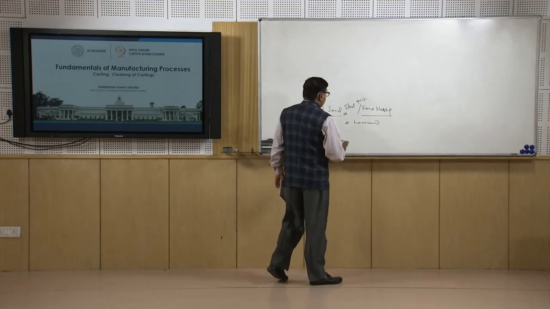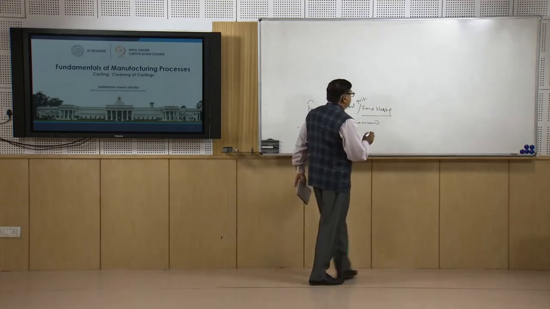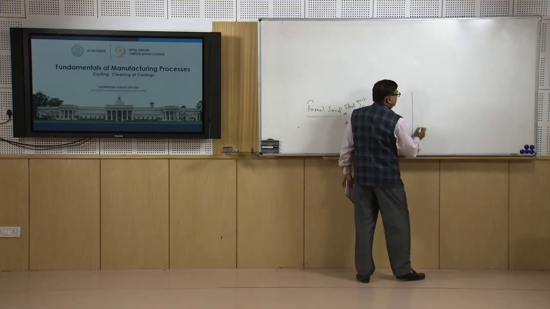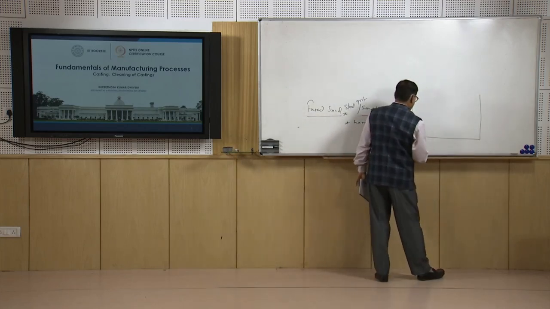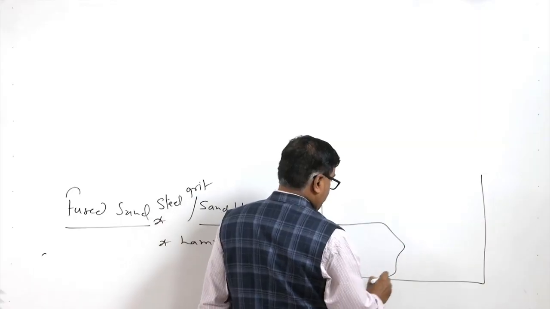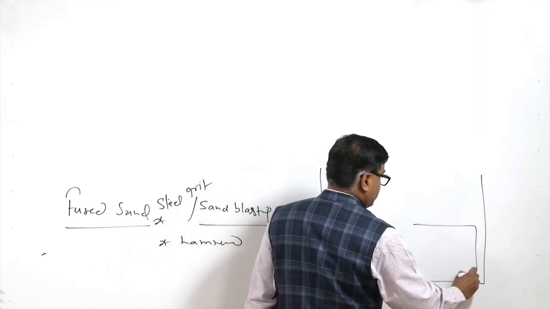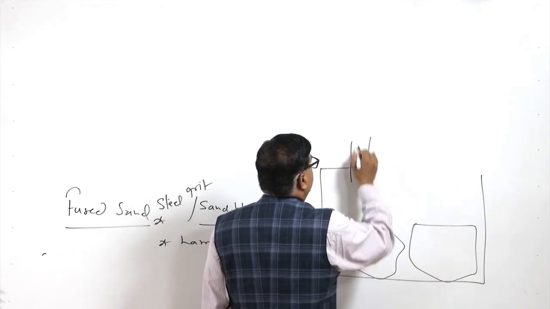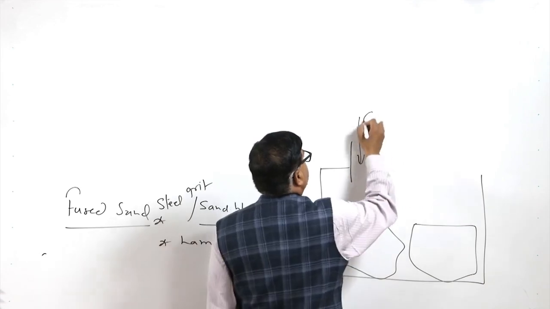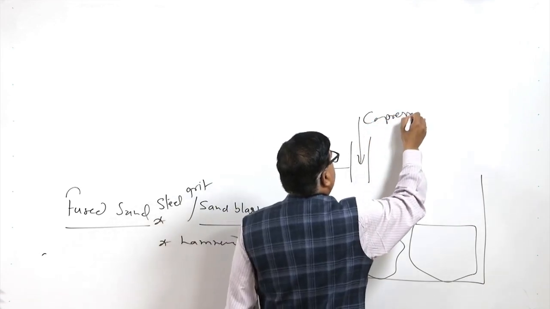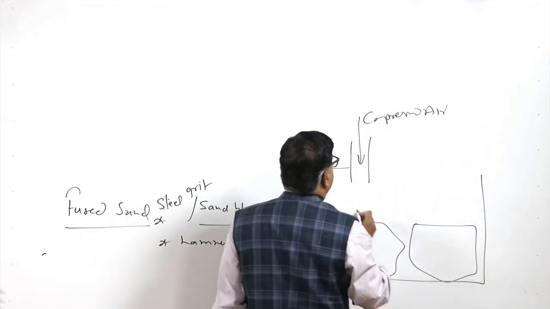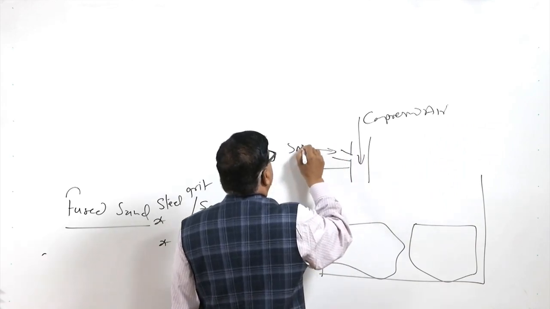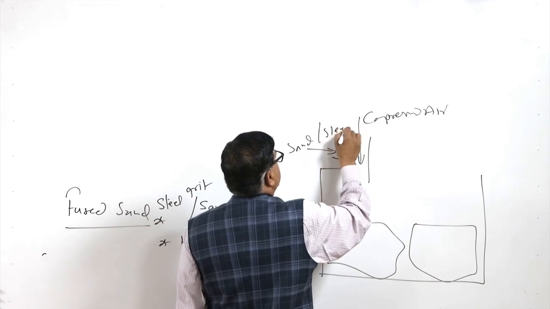So, for the sand blasting purpose, one closed chamber is used and the casting is kept inside the closed chamber, and then high velocity compressed air is used, and this is mixed with the sand or the steel grit.